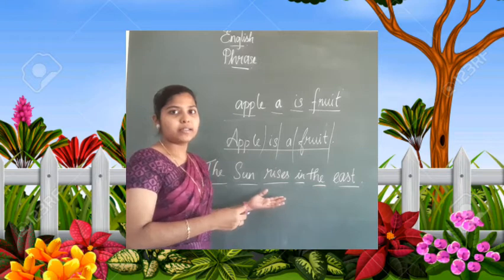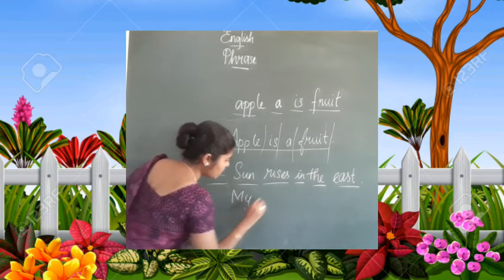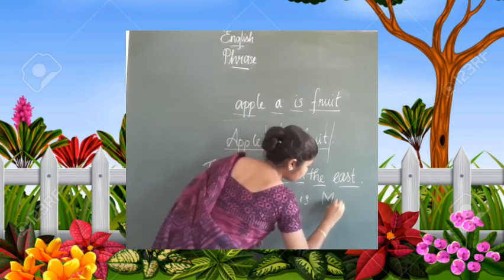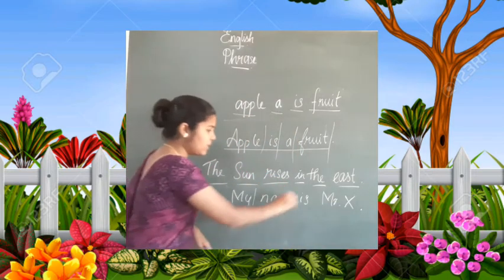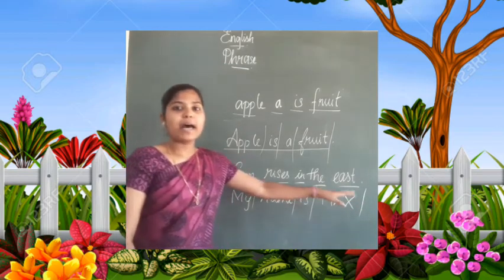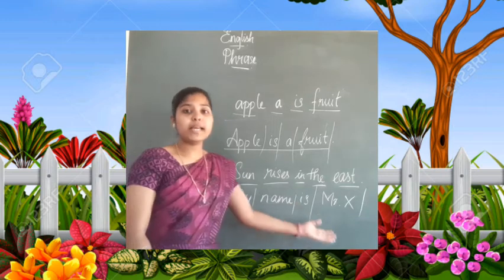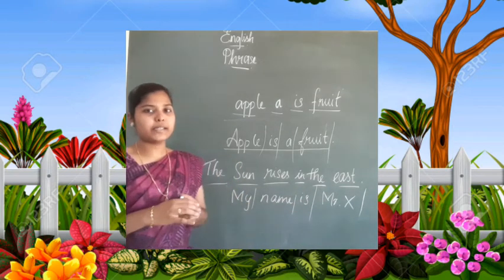Am I right? Yes or no? Then, my name is Mr. X. So these are a group of words giving a complete sense. This is a sentence.